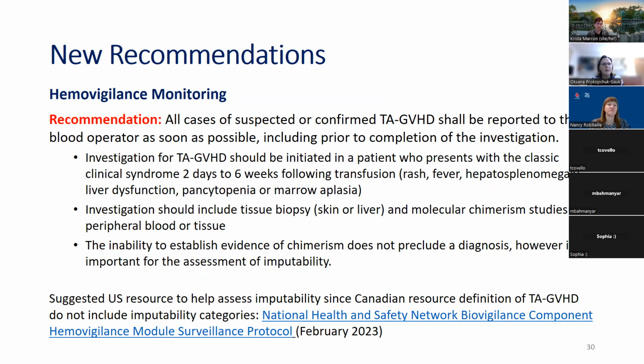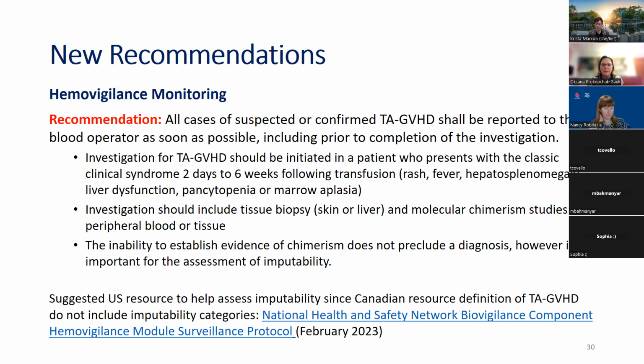And finally, there is a recommendation for all cases, not just confirmed, but also suspected TA-GVHD to be reported to the blood operator as soon as possible, including prior to completion of the investigation. So there is some discussion within the recommendations document about what signs or symptoms may evolve.